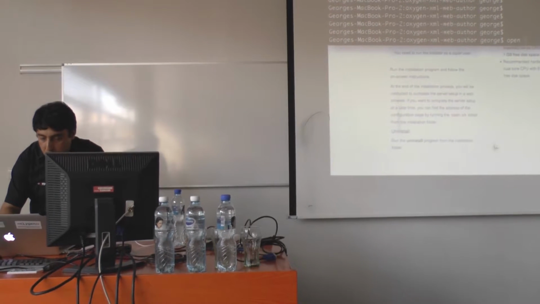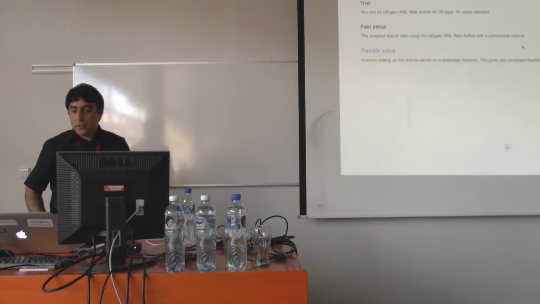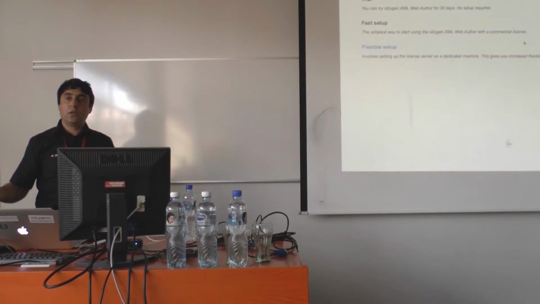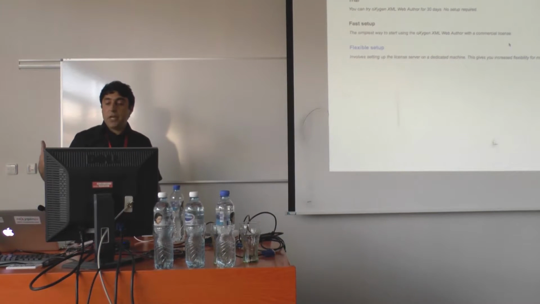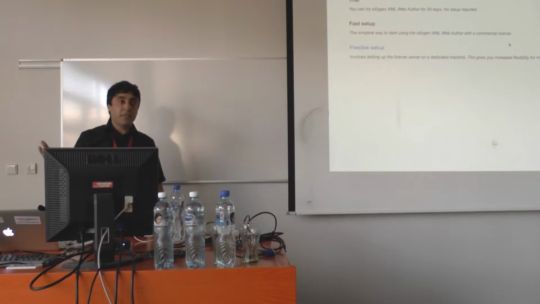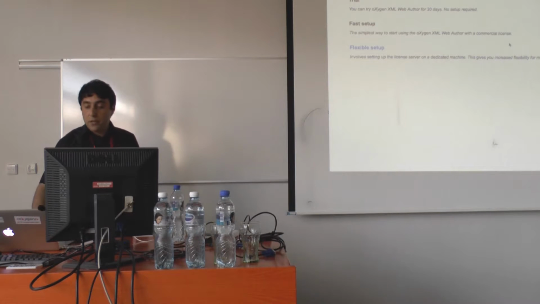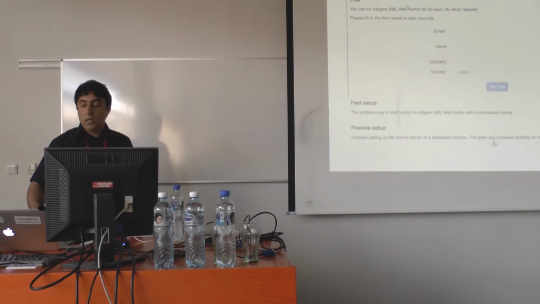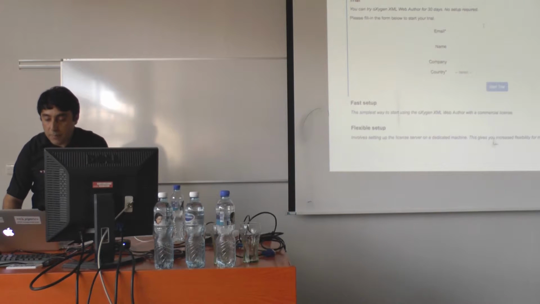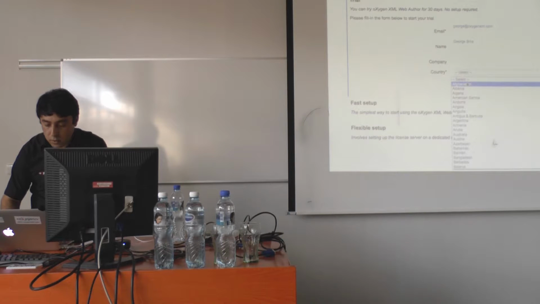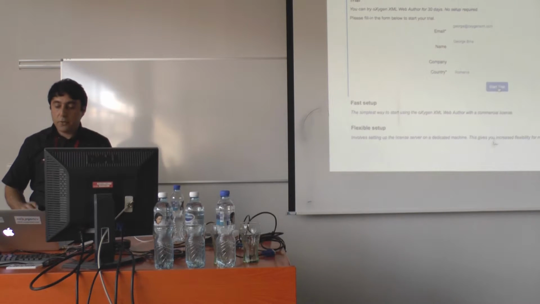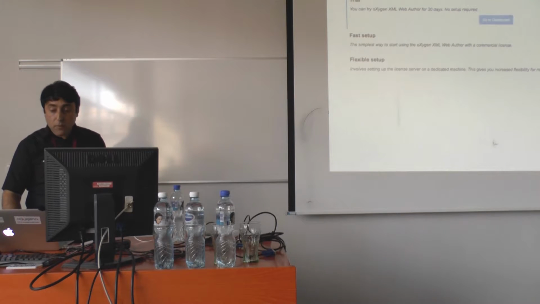So if I open this, it gets me to this page where you can decide whether you have a license already that you need to set up, or if you want to just try it, then you can follow the trial part. This will ask for an email address, a name, country, and then you just say start trial, and that's it.